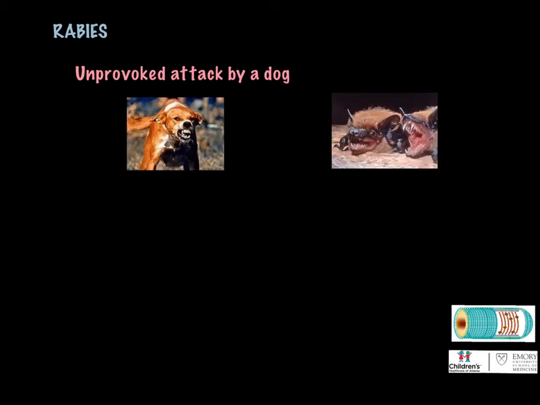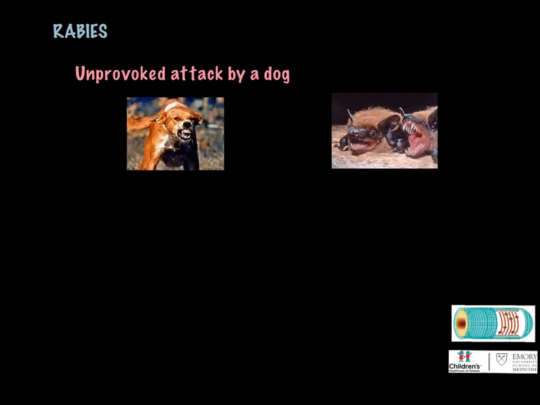Some other signs of rabies in dogs are changes in behavior, dragging of the hind legs due to paralysis, and, of course, the perennial favorite, foaming at the mouth. Other animals that you have to think about rabies are cats, ferrets, bats, skunks, raccoons, foxes, and woodchucks.